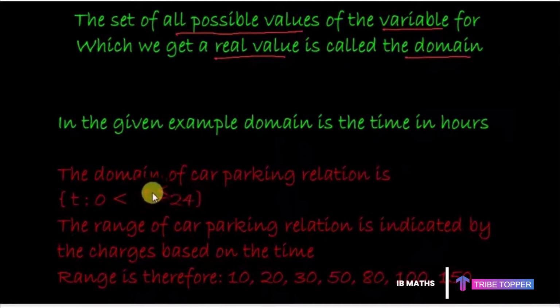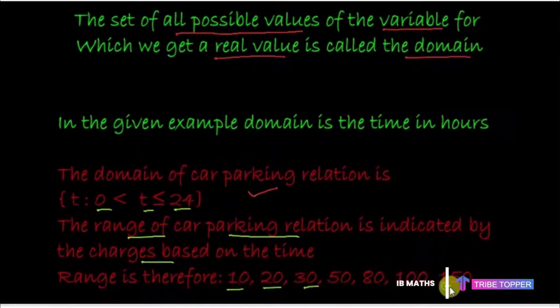So we would write the domain of the car parking relation as t such that t lies between 0 and 24. And what is the range? The range of that car parking relation is indicated by the charges based on the time. So the range is therefore 10, 20, 30 and so on up to 150.